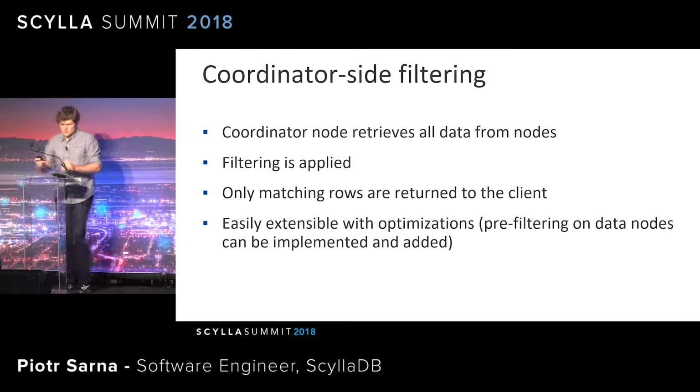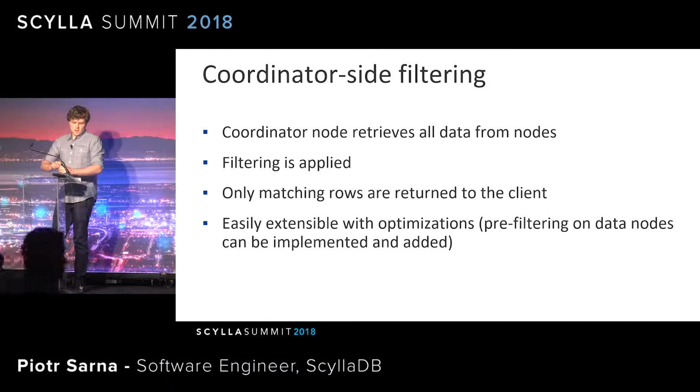All right. Our implementation has a very fancy name: coordinator side filtering. It means that the coordinator first retrieves data from all the nodes as if the restrictions didn't exist at all. Then filtering is applied, so all the rows are checked if they match the restrictions, and if not, they are dropped. After that, only matching rows are returned to the client.